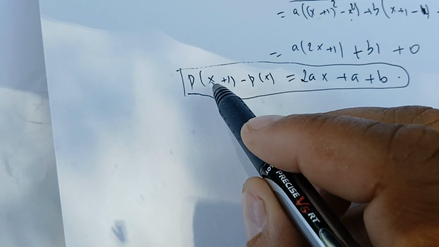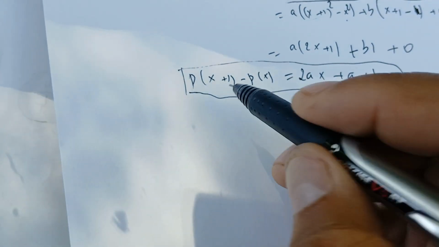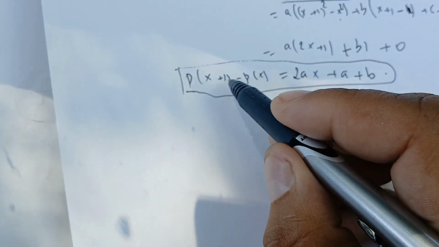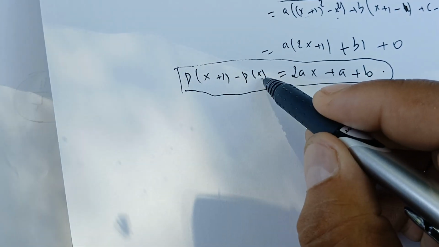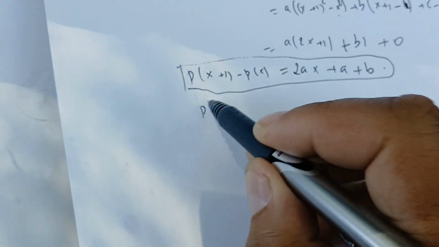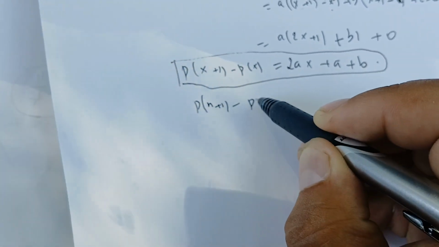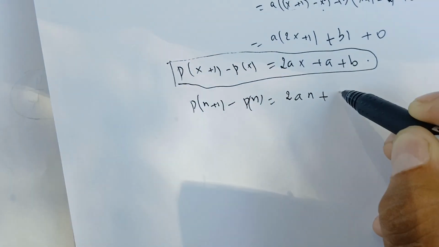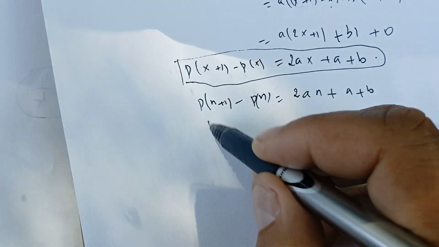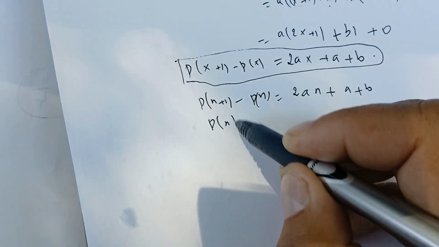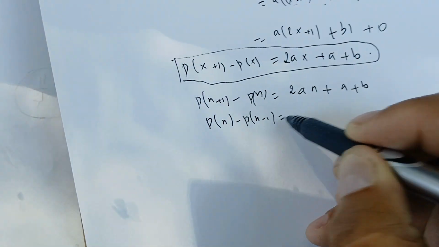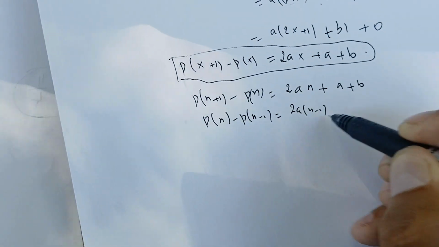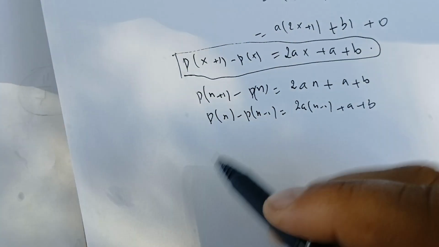Okay, we're gonna use this one repeatedly, and we're gonna see what we have. Now, taking x as n, we have p of n plus 1 minus p of n. It's gonna be 2an plus a plus b. And next we do p of n minus p of n minus 1. It's gonna be 2a(n minus 1) plus a plus b.